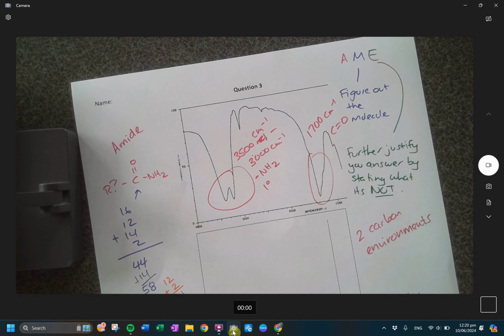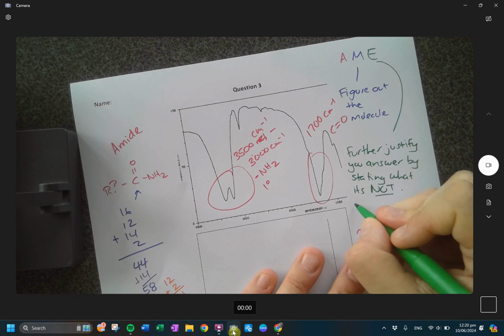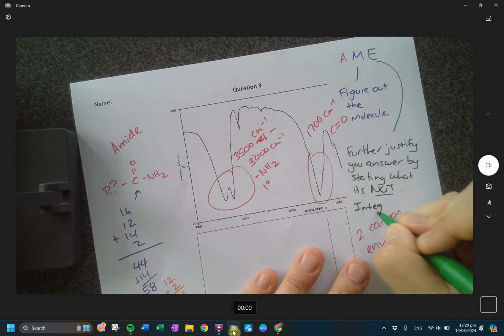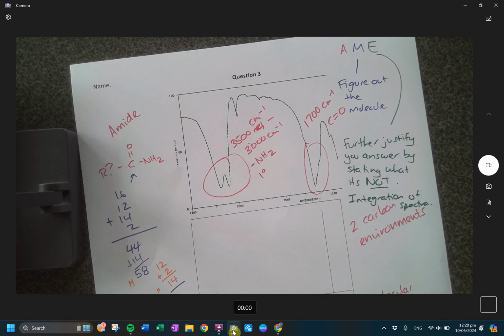Okay. There is one more thing that you need to add for excellence, and that is showing integration of spectra. So basically, you want to show that the spectra are complementing each other in the identification process.